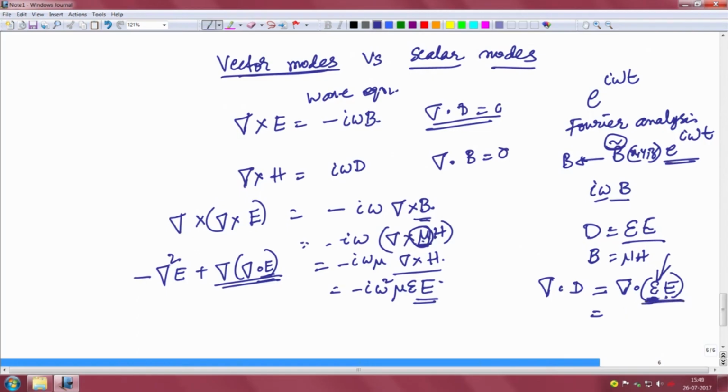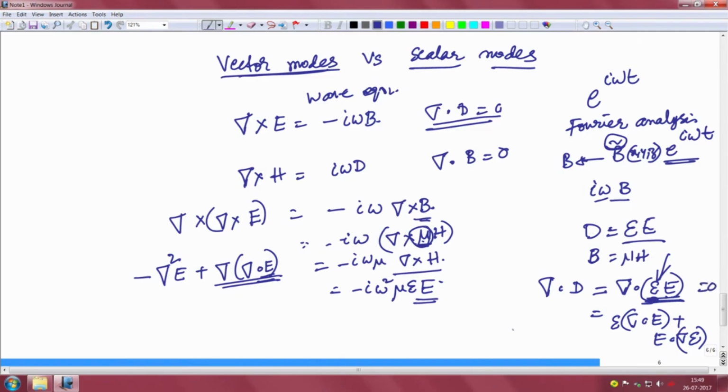Using the product rule, we can replace this expression with epsilon times del dot E plus E dot del epsilon. We can use del dot D equals 0 according to Maxwell's equation.